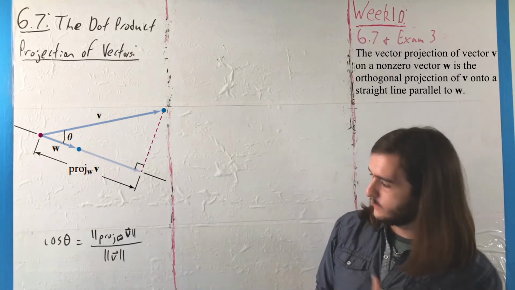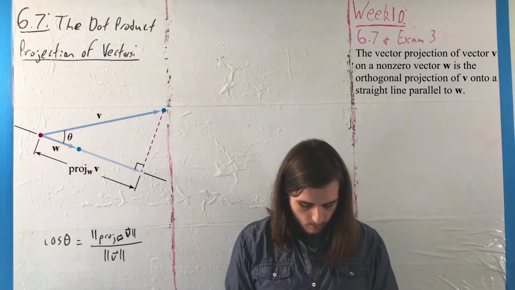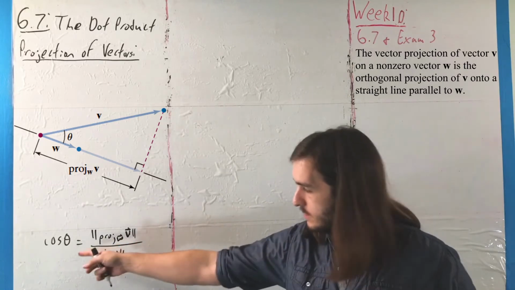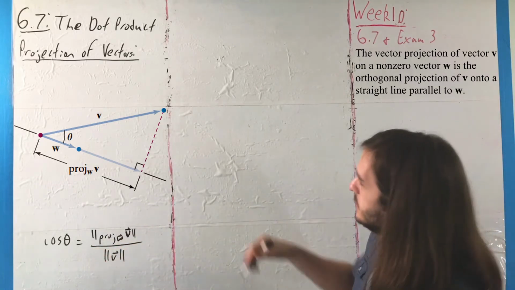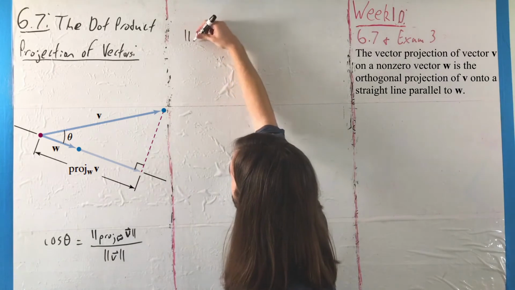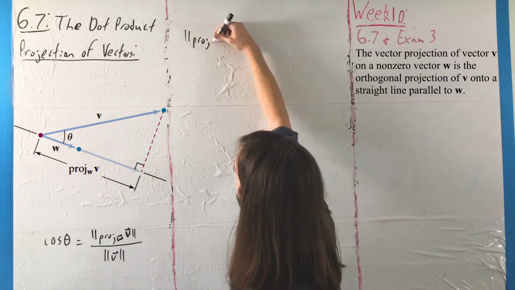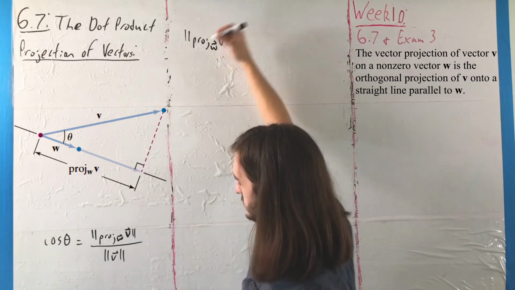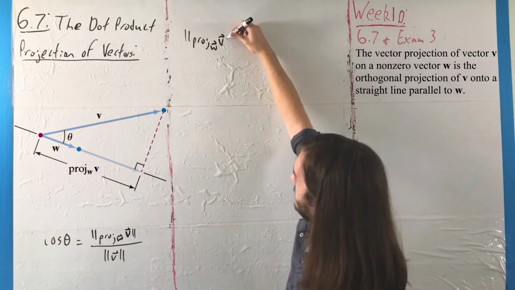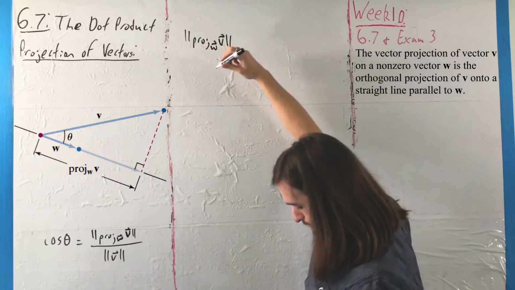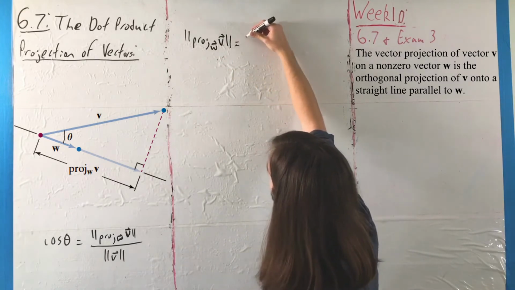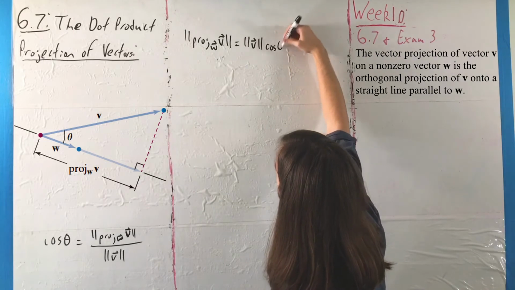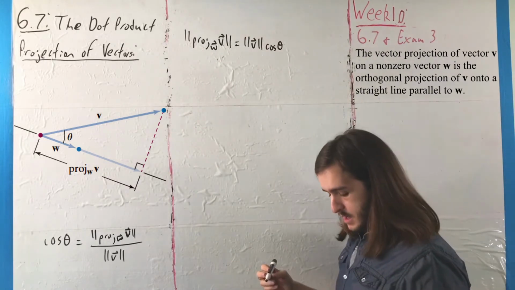And from there, if we want to get a better description of what's going on in terms of that projection, we can pull these terms around and get that the magnitude of our projection of V onto W, which is not the nicest notation to write by hand, but so it goes, will be equal to the magnitude of V times cosine.